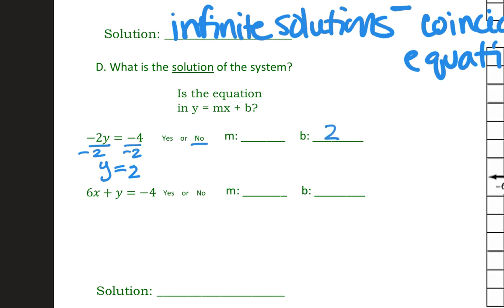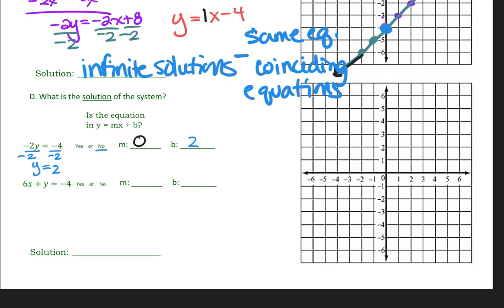So then what's your slope? 0. Okay, let's see if we remember. If this is your y-intercept and it's going through 2, don't answer, Emily. Should our line go side to side or up and down? Side to side. Side to side, 0. All right, so your 0 slope.